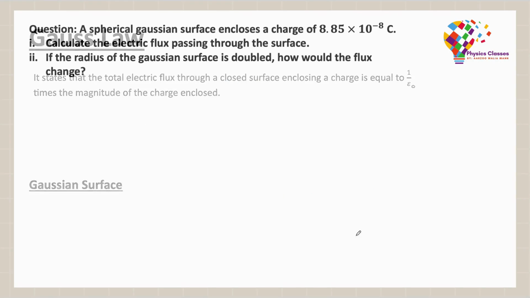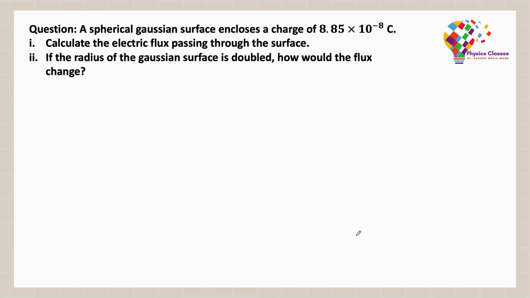A spherical Gaussian surface encloses a charge of 8.85 × 10^-8 coulombs. We have to find the electric flux passing through the surface, and the second part says that if the radius of the Gaussian surface is doubled, how would the flux change? If we want to calculate the electric flux, it is given by the charge enclosed divided by epsilon naught.